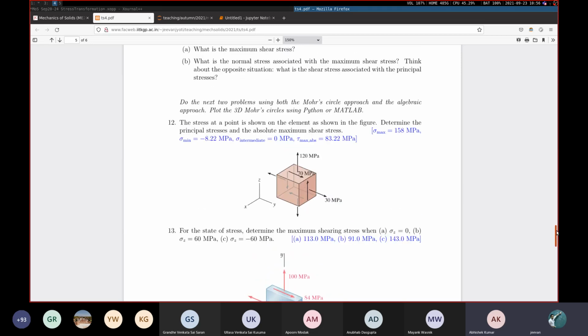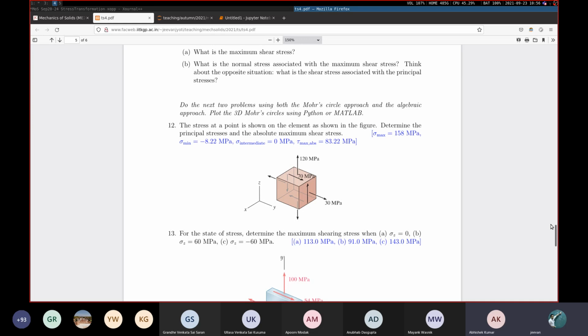It's almost like a ramp up in your brain level. When you play video games, you go from level 0 to level 1 to level 5, then God mode. So this is a definite ramp up in your level. Once you do this tutorial sheet, you'll have learned a lot in solid mechanics. So please do it very seriously.